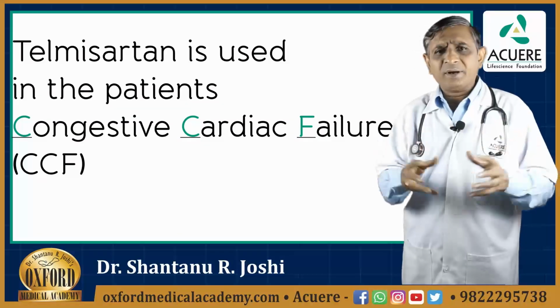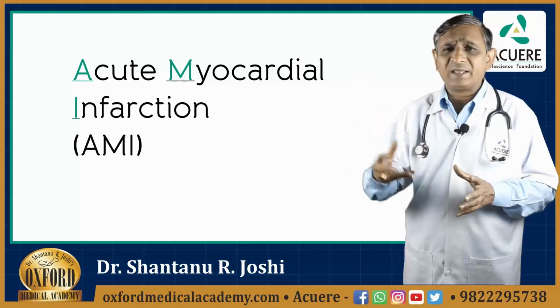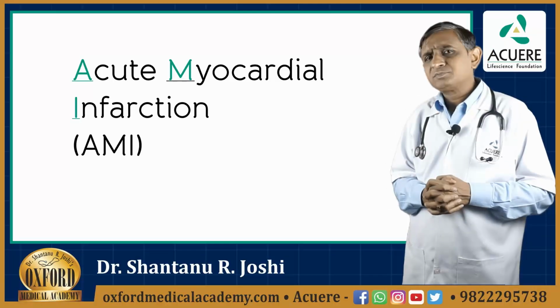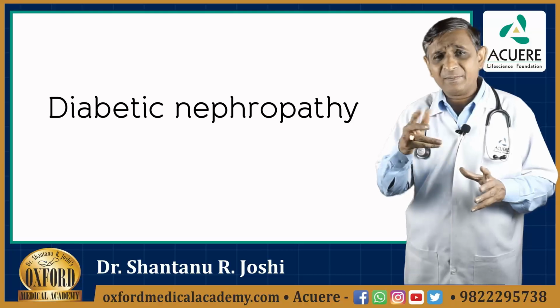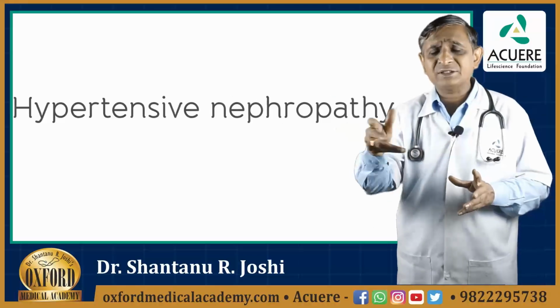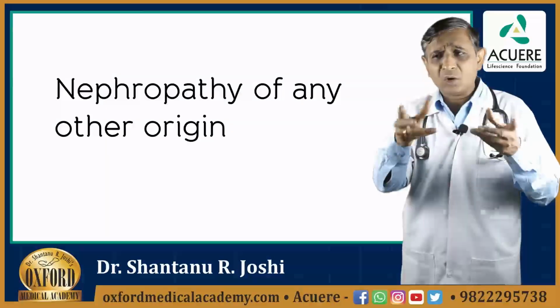This is a very common drug prescribed after acute myocardial infarction. It is a very safe drug to be used in diabetic nephropathy, hypertensive nephropathy, or nephropathy of any other origin.